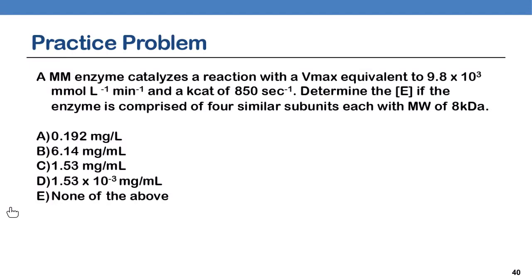Disclaimer, maybe I'll write this on the slide: 1 dalton is equal to 1 gram per mole. I'll give you guys a second, and you can have a nice little 10-minute break here.